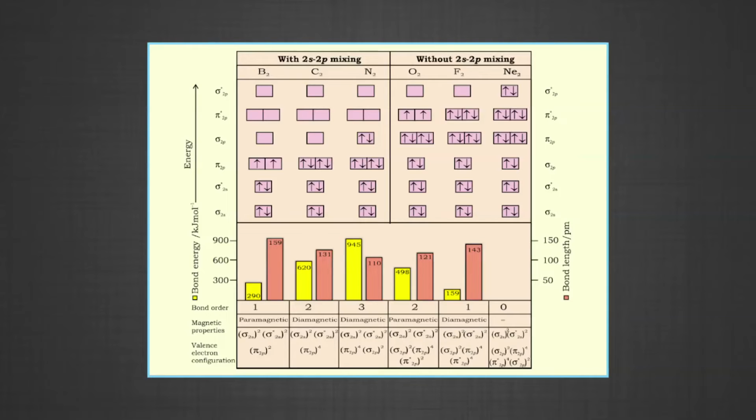The bond energy, bond length, bond order, magnetic properties and the valence electron configuration appear below the orbital diagrams. The diagrams are in front of you, from where you can predict and calculate the bond order, and you can predict the bond length and the bond stability.